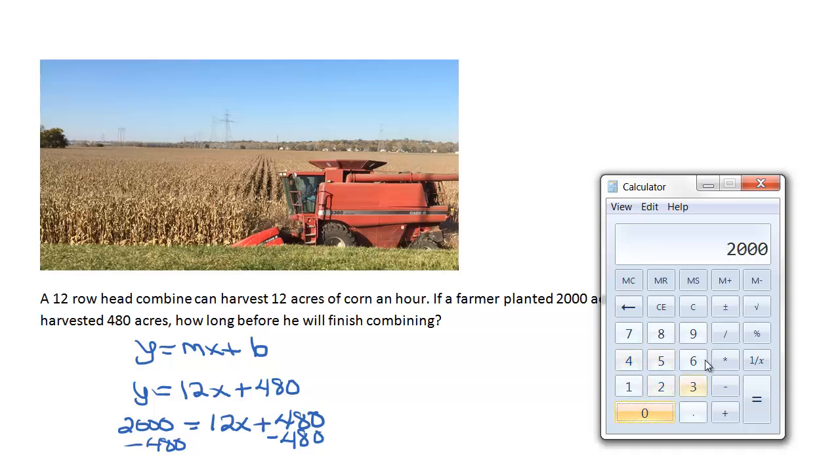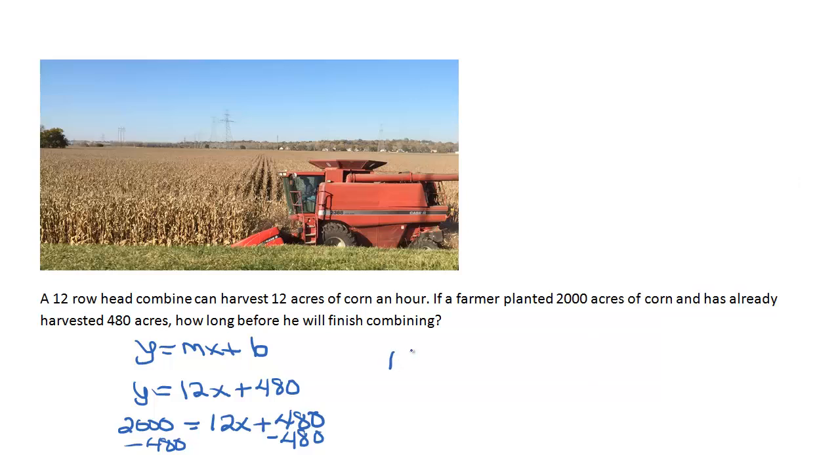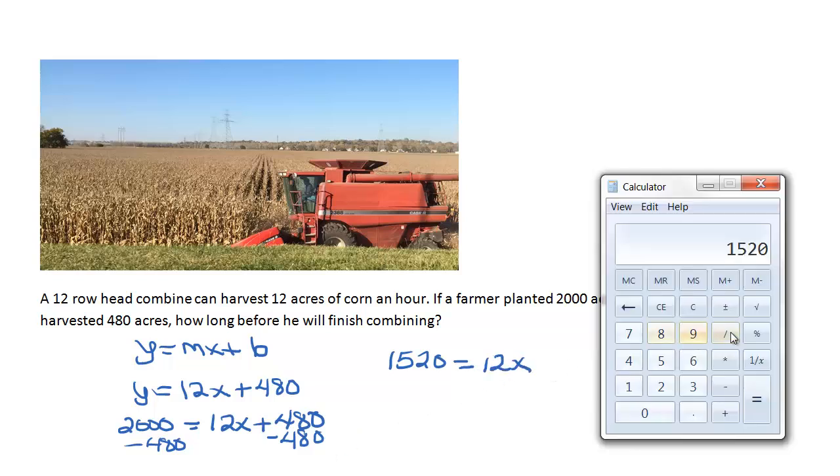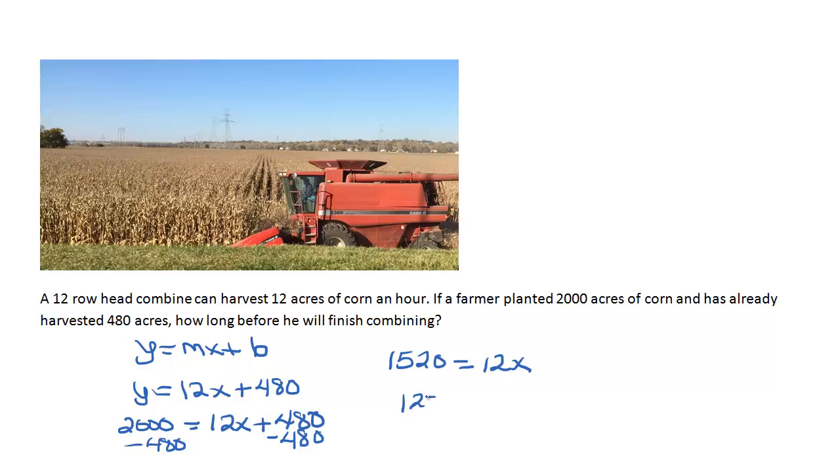So 2,000 minus 480 is equal to 1,520. So if 1,520 equals 12 times x, we divide by 12, and we see that it's going to take him about 127 more hours.